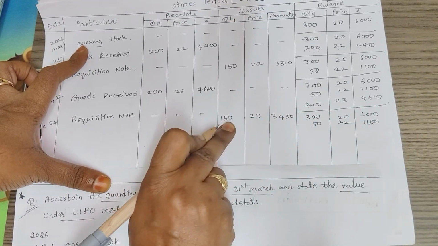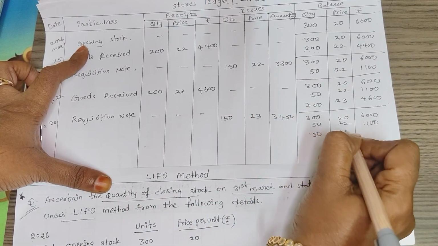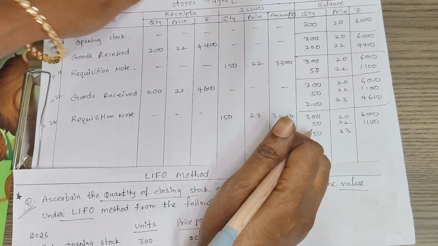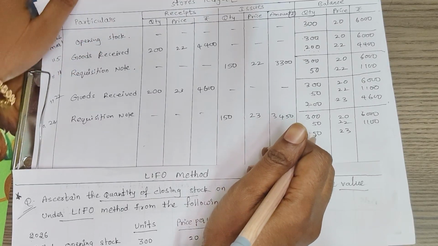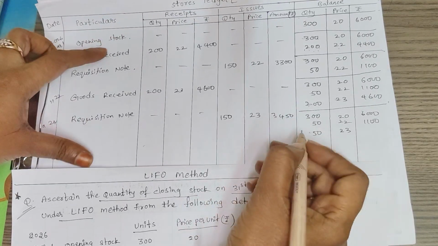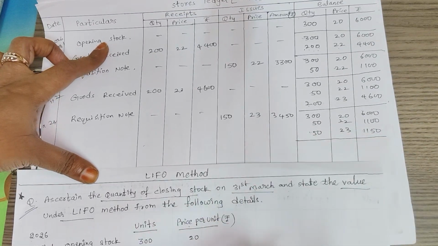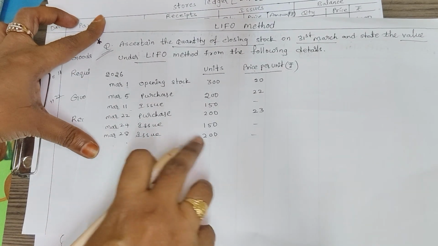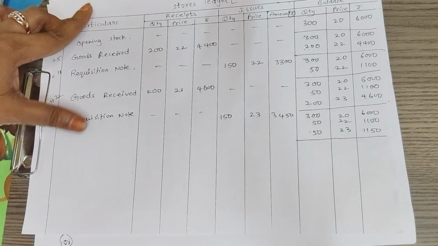From 200 we issued 150. So that leftover stock is 50 at the rate of 23. So 50 into 23, 1150.